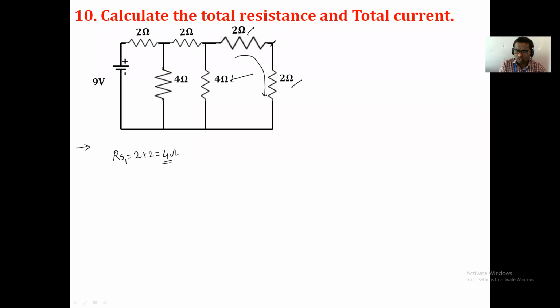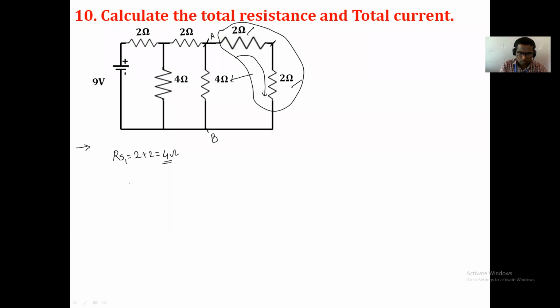So one terminal of this 4 ohm resistor is connected to point A and the other terminal is connected to point B. In this way only you can connect it.